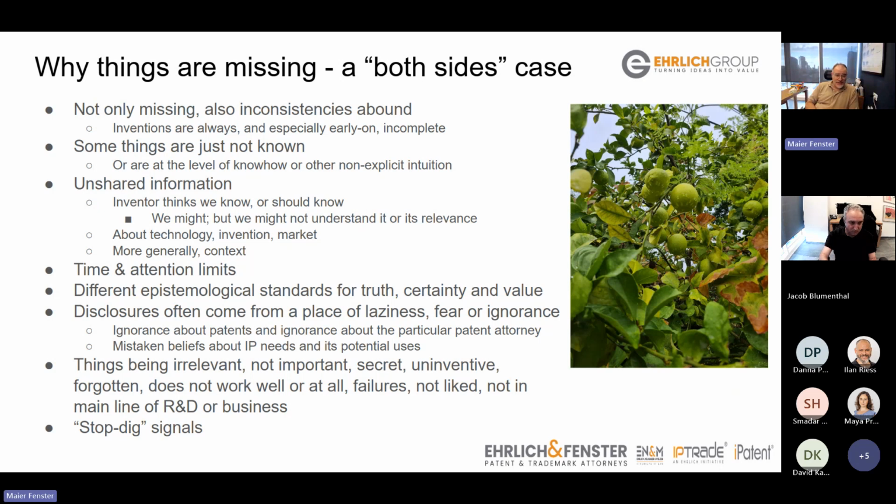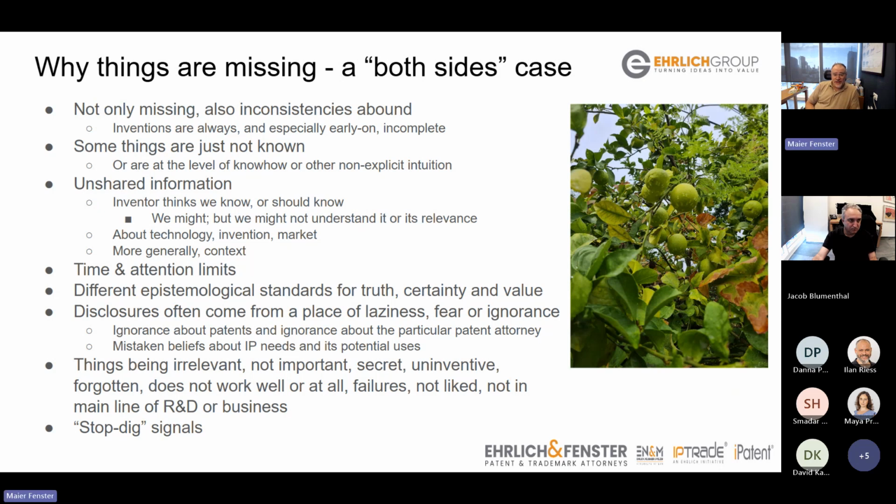And one of the reasons is that usually you draft a patent application, hopefully you draft a patent application before the invention is actually complete, and the product is fully designed. So by nature, it's going to be incomplete in some way. Now, some things you just don't know, the inventor, or is it at the level of know-how, or is there some other type of intuition that it's difficult to put into words?